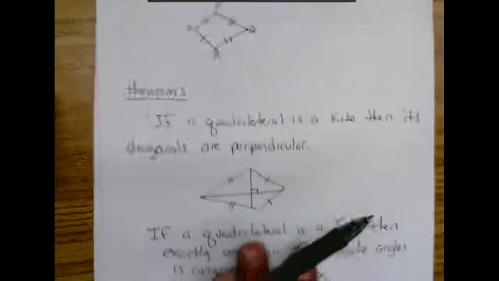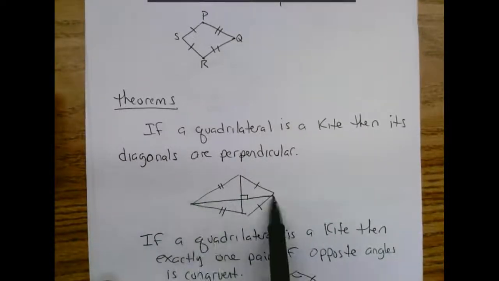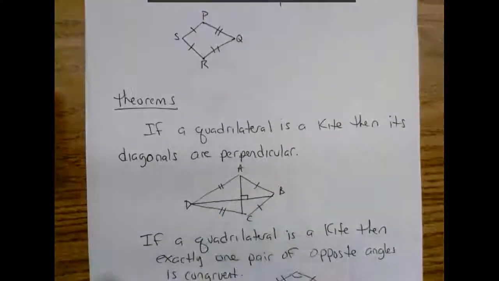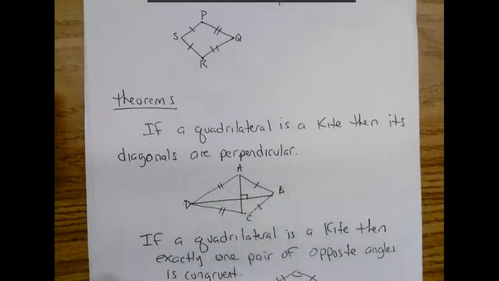There are some theorems that go along with kites that we need to remember, things that are true about them. It says here, if a quadrilateral is a kite, then its diagonals are perpendicular. So if we label this A, B, C, D, and we went from D to B, and then A to C, these would be perpendicular. And if we did a slope on these lines, we would see that they are perpendicular.